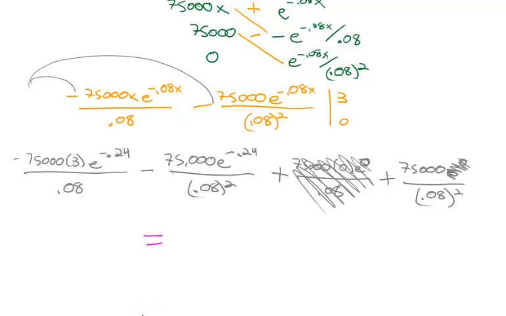Negative 75,000 times 3, e to the negative 0.24 divided by 0.08, minus 75,000 e to the negative 0.24 divided by 0.08 squared, just squaring the 0.08, plus 75,000 divided by 0.08 squared, and we find out that the present value of my 3 years of widget sales is approximately $288,063.89.